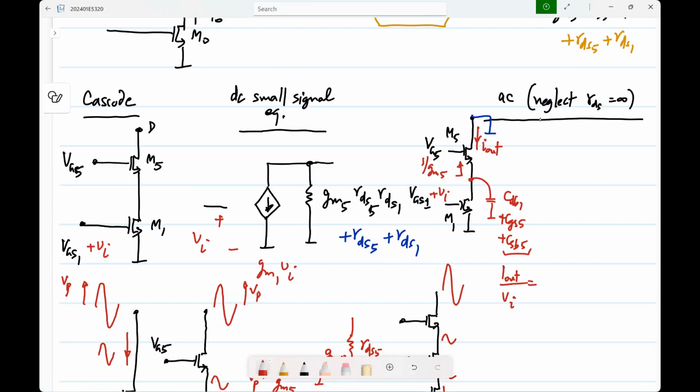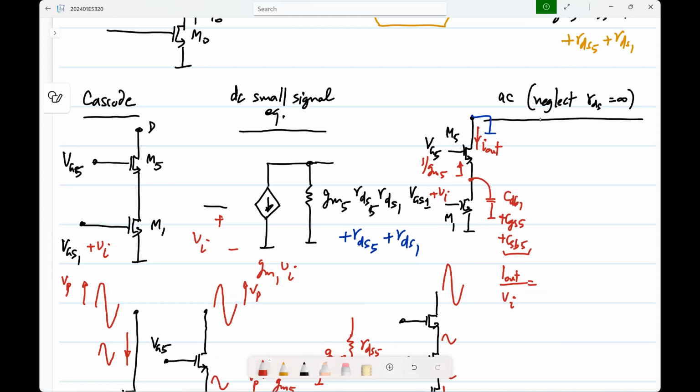What will be the order of this transfer function? First order. How many poles, how many zeros? What will be Iout by Vi at infinite frequency? 0. Why? All of it flows into the capacitor.